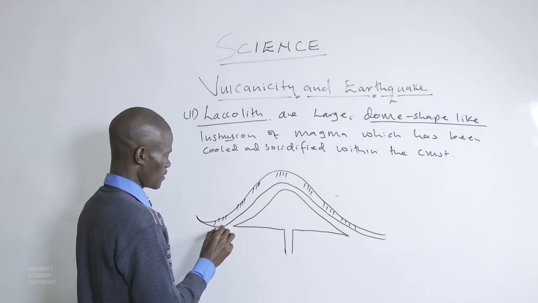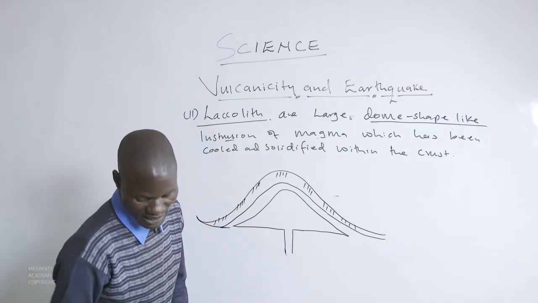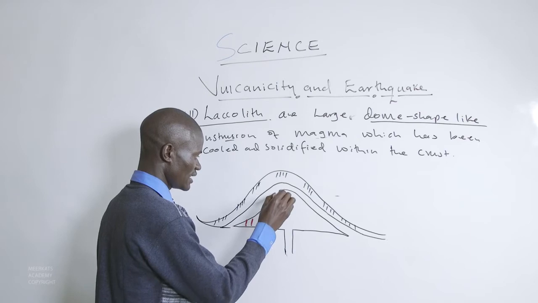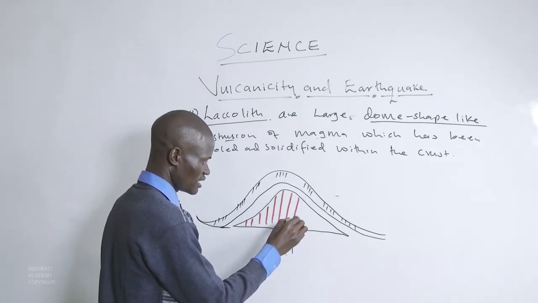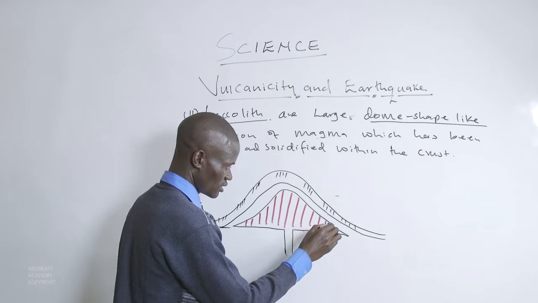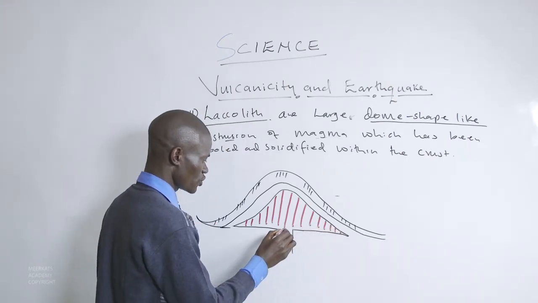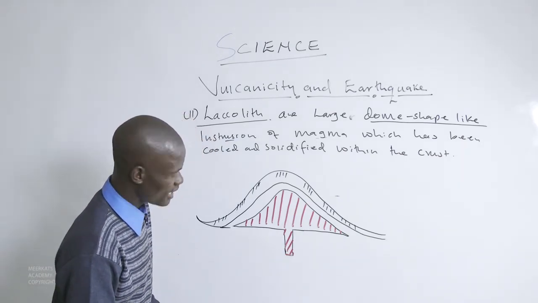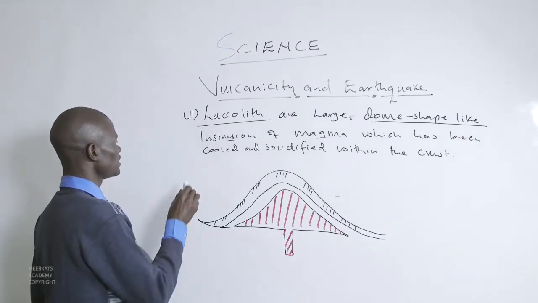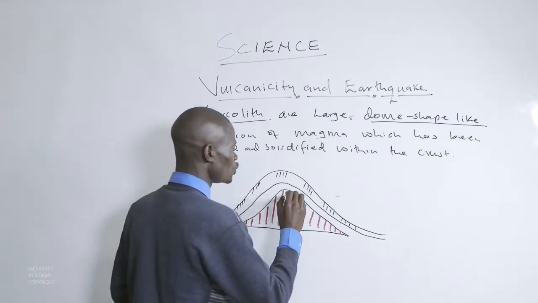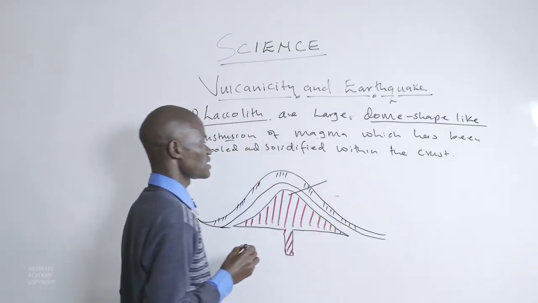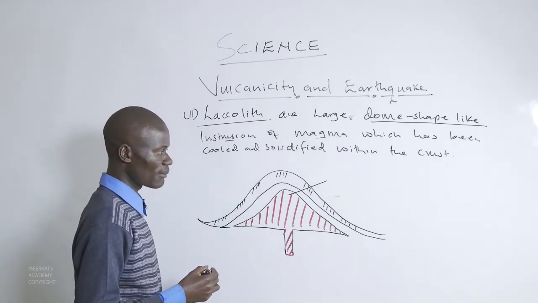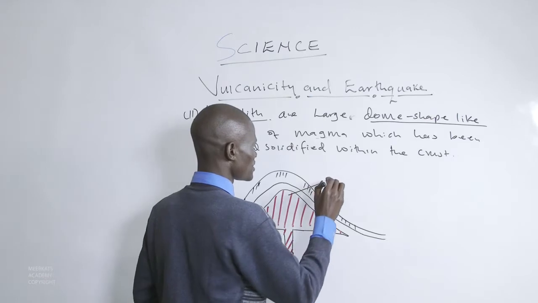And as a result of that, when magma tries to eject itself within the bedding planes, it goes, cools, and is solidified within the bedding planes that are found within the earth crust, and therefore leading to the formation of a dome-shaped mass of intrusion of magma that is referred to as a Laccolith.